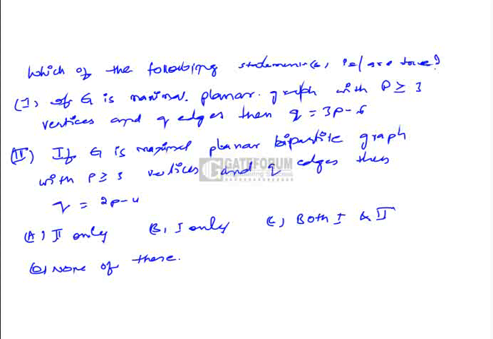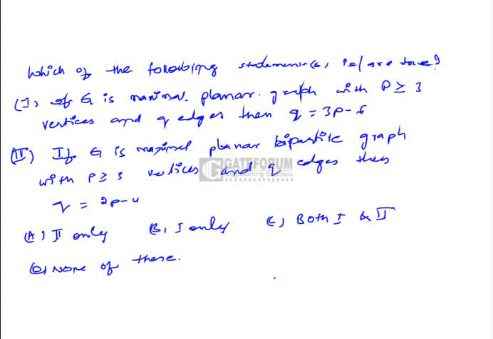Or else you can take any planar graph for the first statement, like K4, and if you take an example for statement 2 as K2,3, then those two statements will be verified.